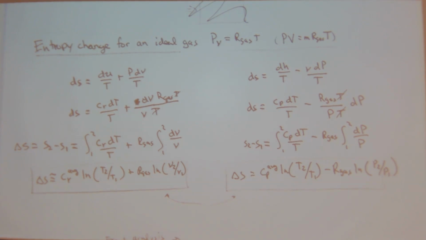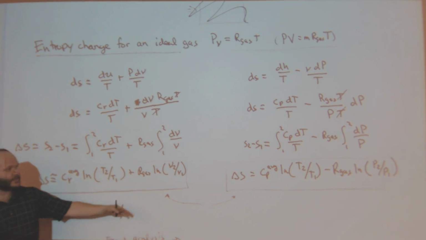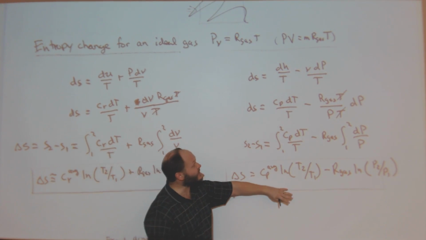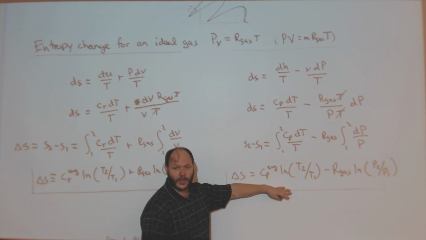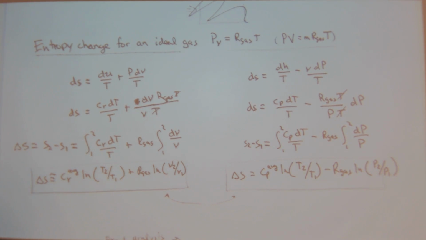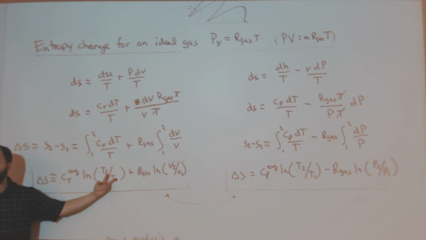Okay. Same end story. We looked at the delta S. This is for the first TDS relationship, useful for a gas, constant volume process. Second TDS, useful for a gas, constant pressure process. So when we do analysis on the system, this is delta S of our system. All we need to know is the average heat capacity and the initial and final temperature.